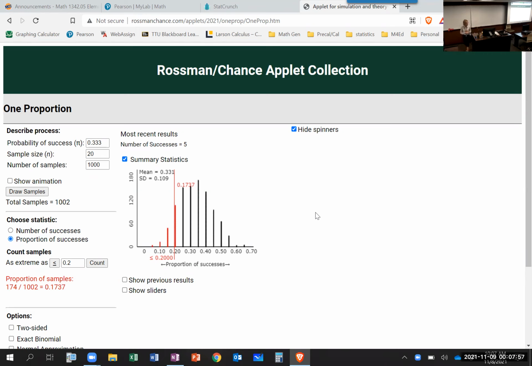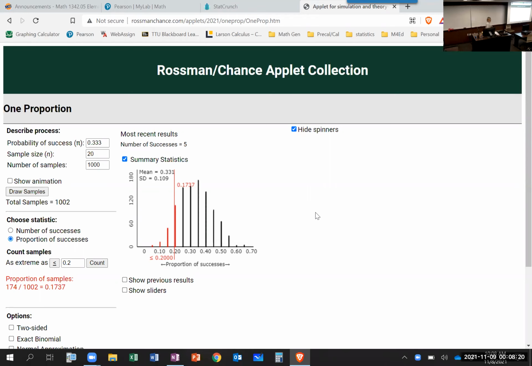I believe that would be 1,002 different samples of 20 rounds. I have this distribution. These are the results that we're looking at.